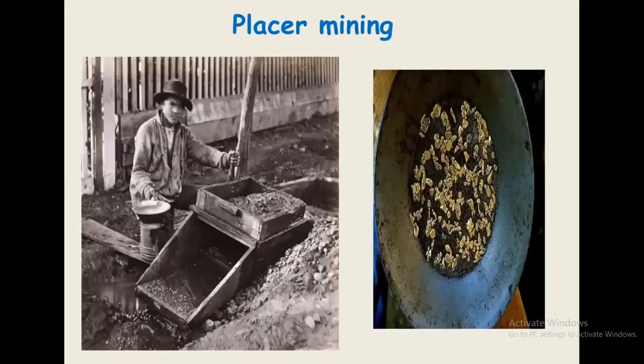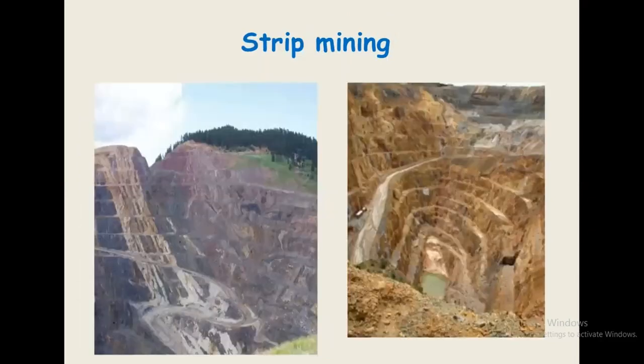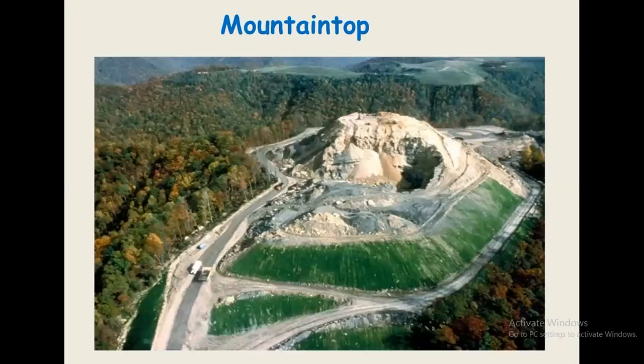See, this is placer mining. This is the equipment used to extract minerals. This is strip mining. You can see near the mountains and rocks how they have made the strips and extract the ore from there. Mountain top mining. Here you can see there are no residential areas near.